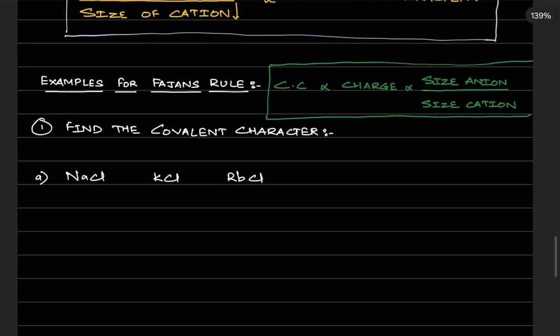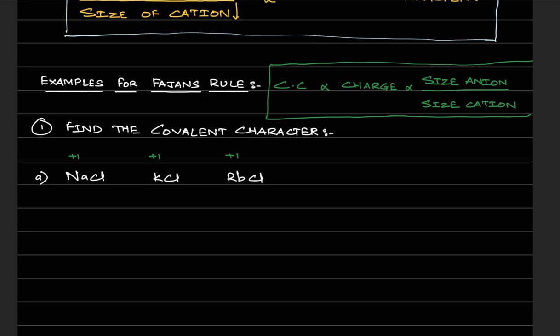So let's start with the first question. The first thing we need to understand is that NaCl, KCl and RbCl all have chlorine as a common anion. So the only thing it depends upon is the cation. Sodium is +1, potassium also is +1, rubidium also is +1. So all the cations have the same positive charge.